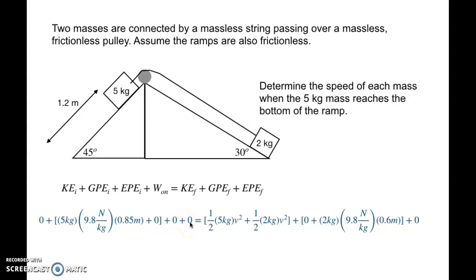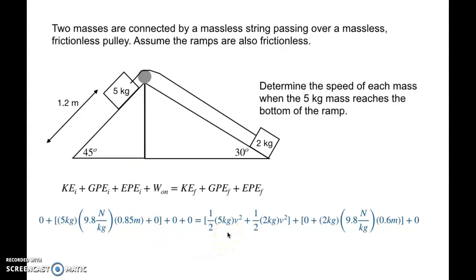No work done on the boxes because there are no external forces that are not perpendicular. The only external force is the normal force, which is perpendicular to displacement. So work is 0. Tension is an internal force because the rope is part of our system, and gravity is an internal force because the Earth is part of our system.